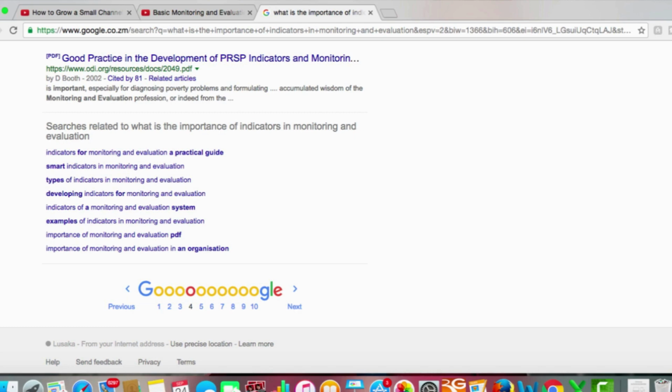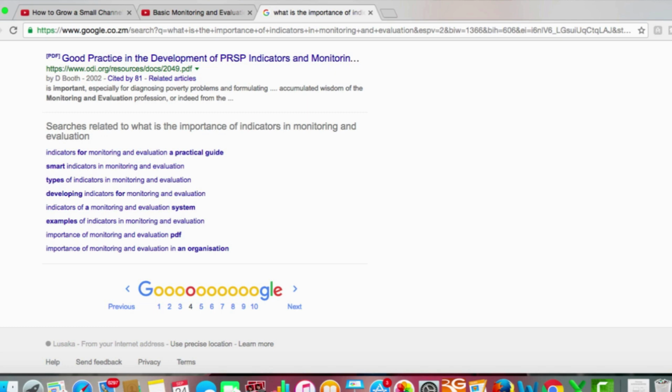And these indicators give you direction. If you are able to use these indicators to measure change, you'll be able to know whether you're succeeding or whether you're going backwards.